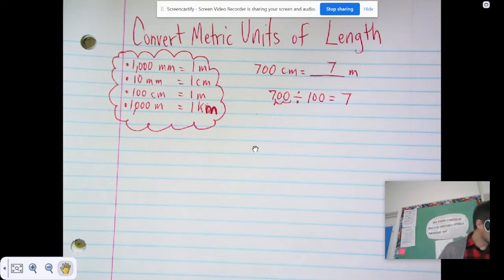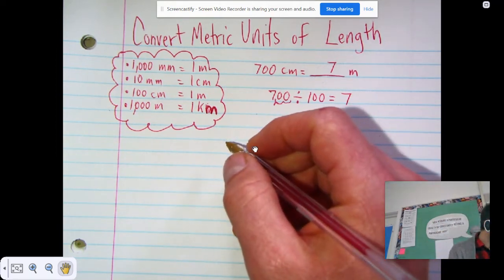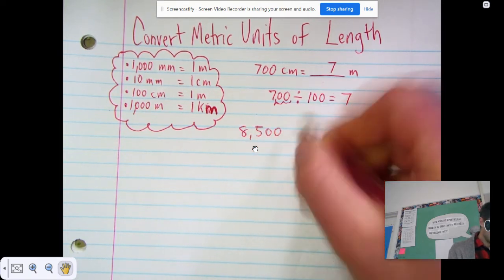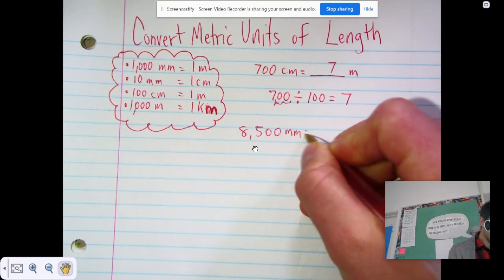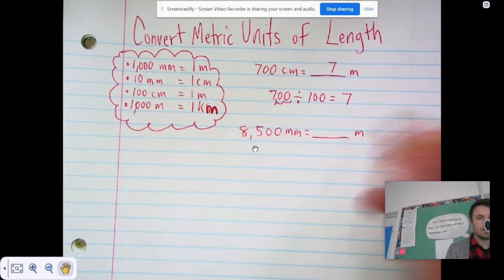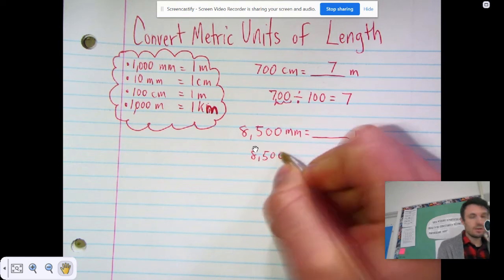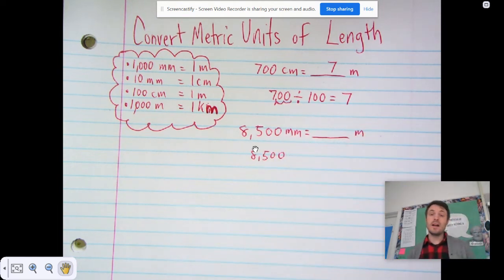Let's do another example together. Let's say we have 8,500 millimeters, and we want to find out how many meters that is. So it's going to be 8,500 either multiplied or divided by a power of 10.